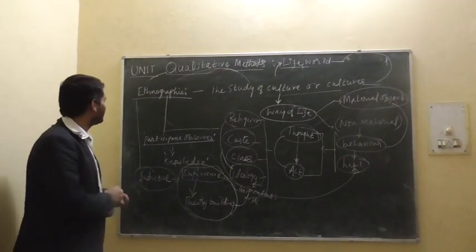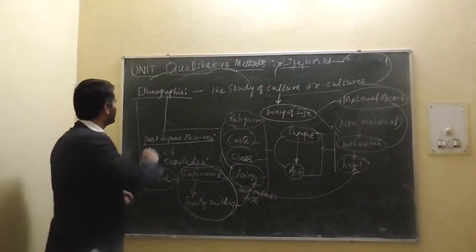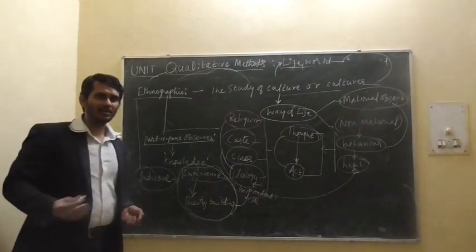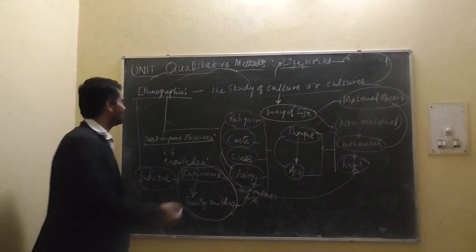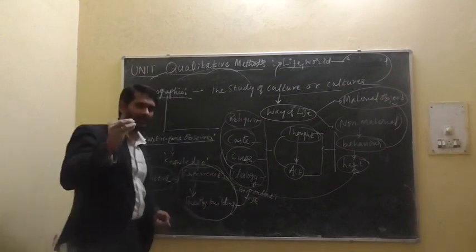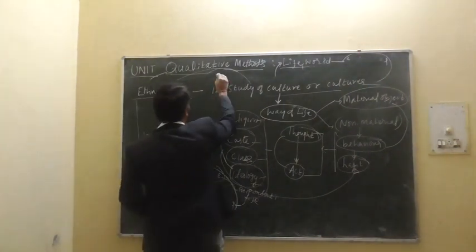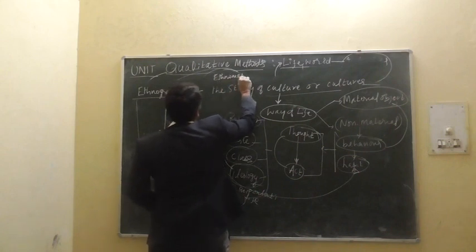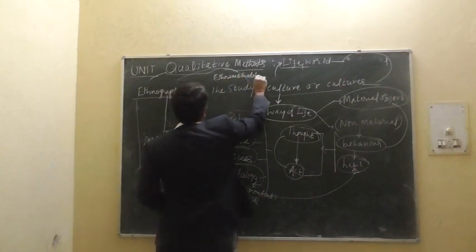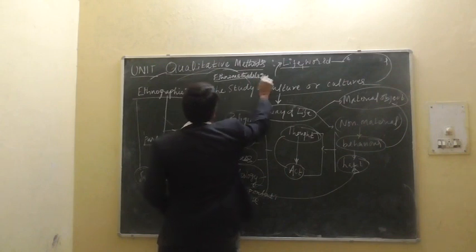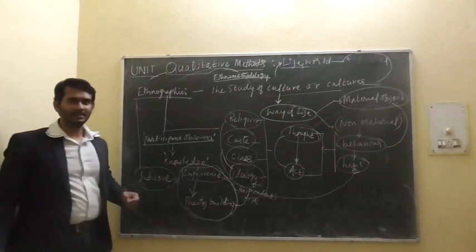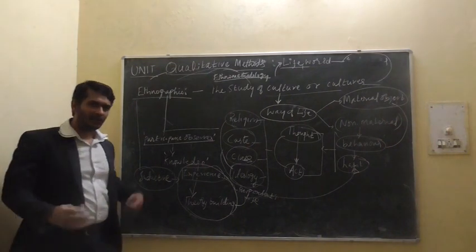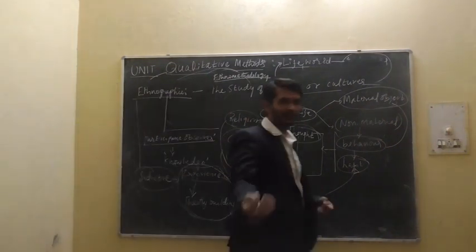Here is a small clarification, from what is ethnographic towards what is ethnomethodology. Ethnomethodology is purely a sociological method. Ethno means people, method is a tool or an instrument of study, and logy is about the study.